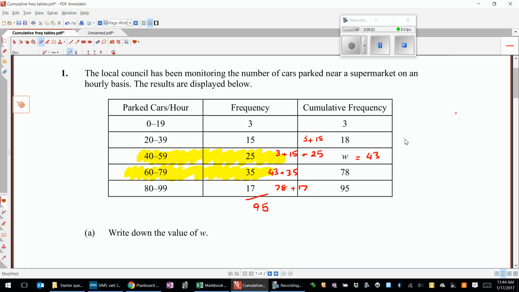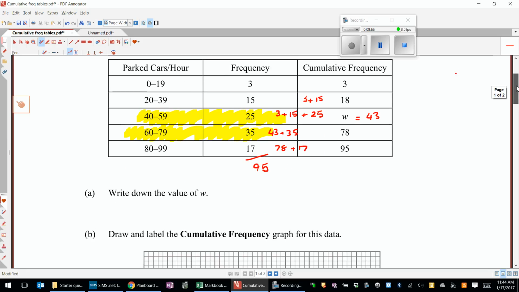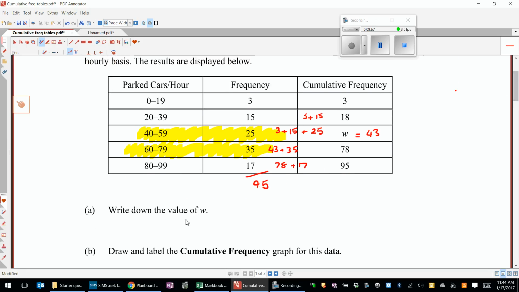Does that make sense to everyone? So cumulative frequency just builds up. Now, out of interest, let's see whether you already know. What does that 78 now mean? A specific vocabulary. Go on.